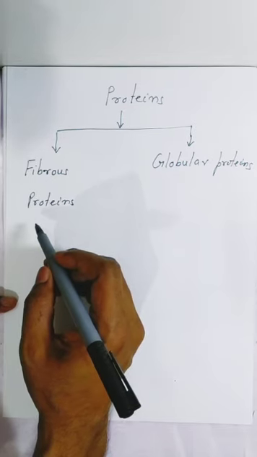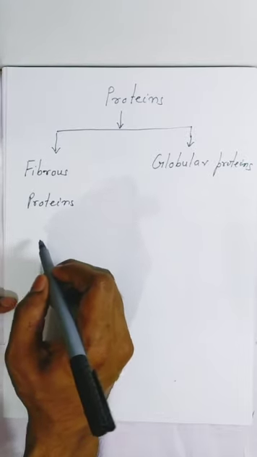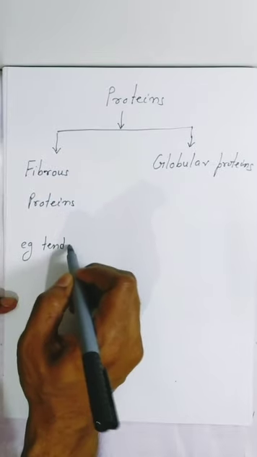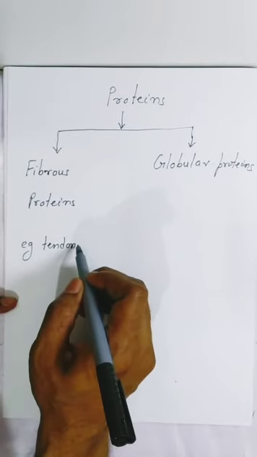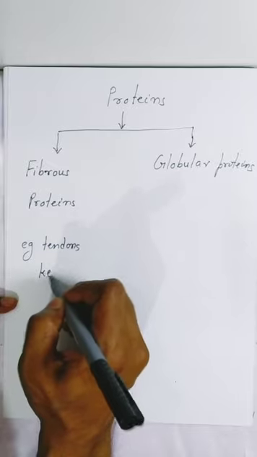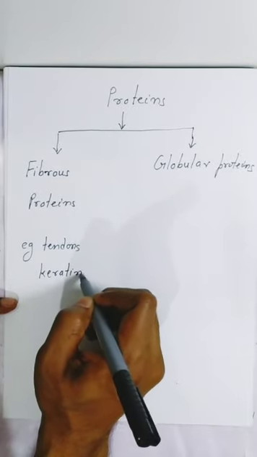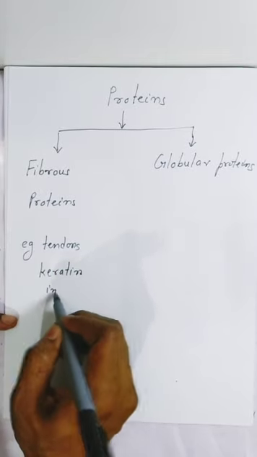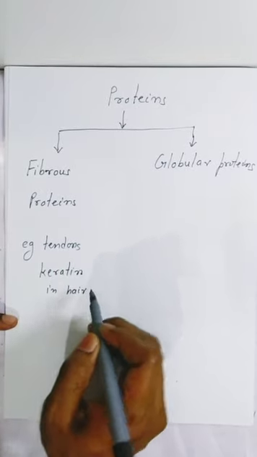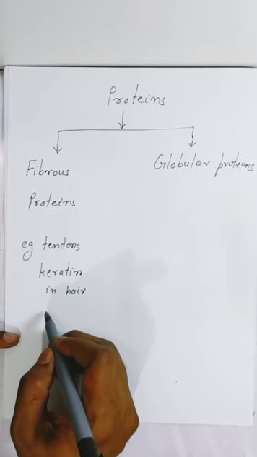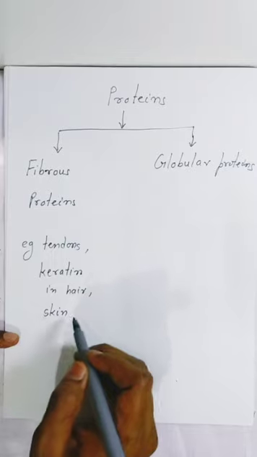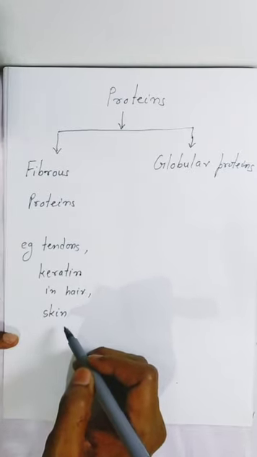These come under fibrous proteins. We can write tendons, keratin, which is present in hair. This is also made up of keratin. Skin. So many examples are there. Feather.